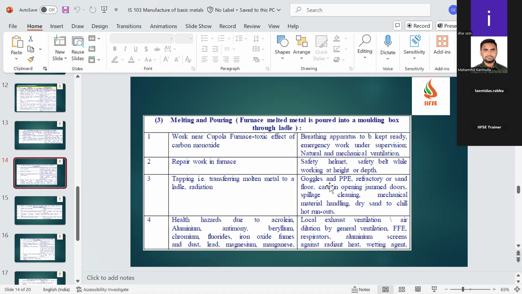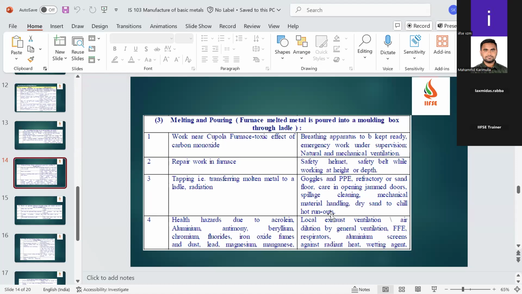Here we have to have goggles, PPEs and respirators. Sometimes, if the cranes or the ladle are not properly handled, there is a chance of the ladle falling off, and then the molten metal can spread like anything. That's why they use dry sand here as a spill controller.